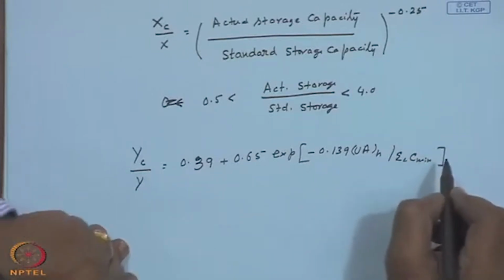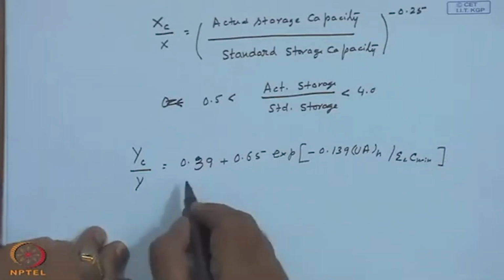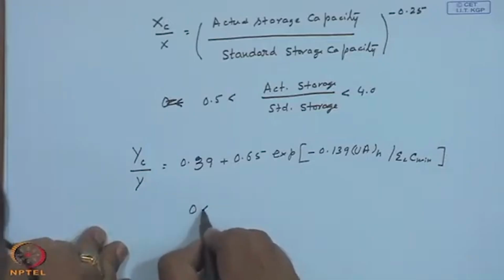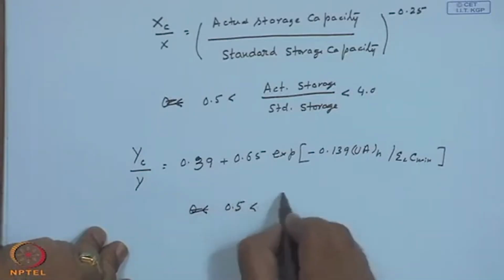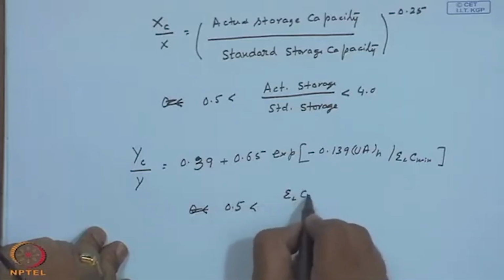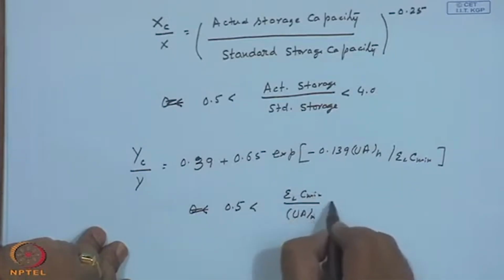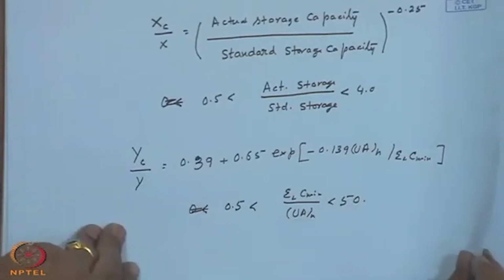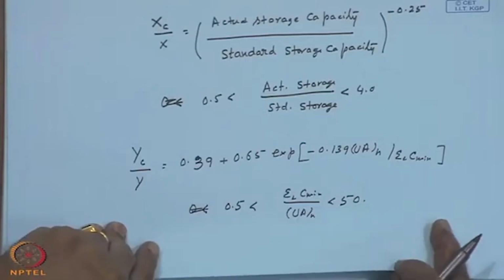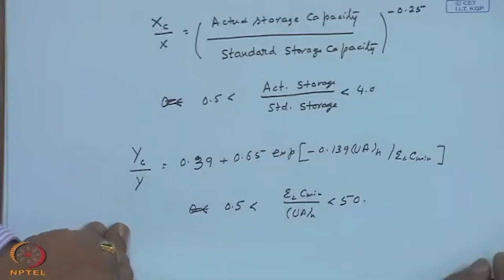If epsilon L C minimum by u a h is equal to 2, this will be equal to 1, and this is valid in a range of 0.5 less than epsilon L C minimum by u a h less than 50. It is a pretty wide range for the epsilon L C minimum by u a h product, 1/4 that of the standard heat exchanger to that of 50 times that of the standard heat exchanger.